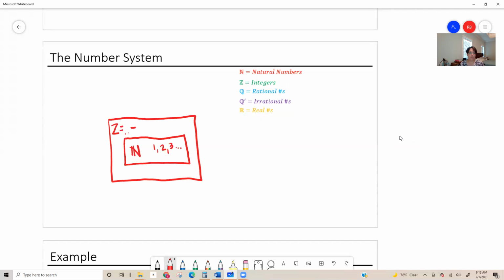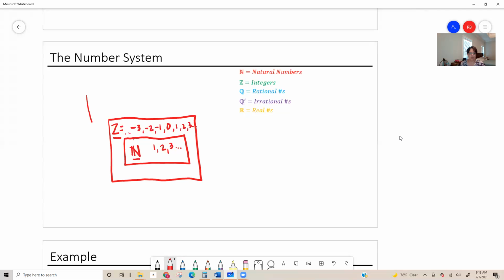So we have like -3, -2, -1, 0, 1, 2, 3, and so on. All of the natural numbers are also integers. So that's why this natural number box is inside of the integer box.